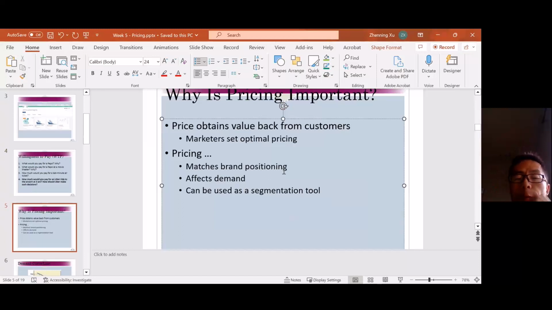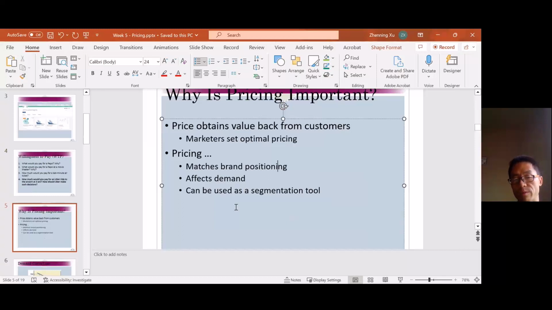Pricing is actually shaped by a few strategic decisions. First, brand positioning. Brand positioning means you define your prices according to your positioning strategy, right?